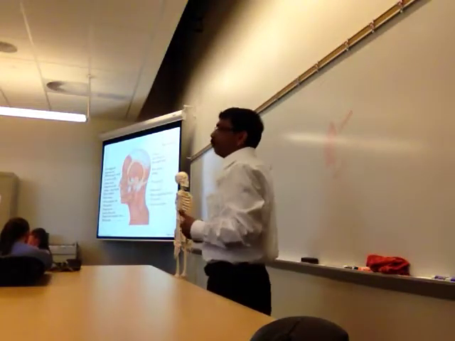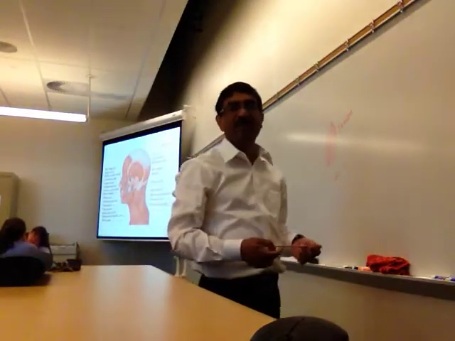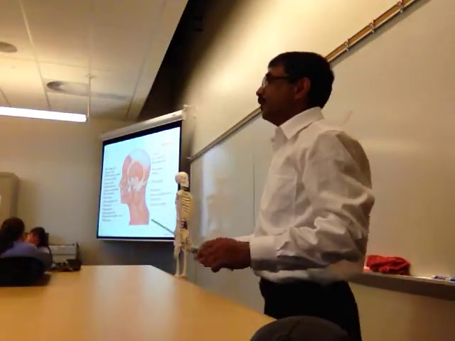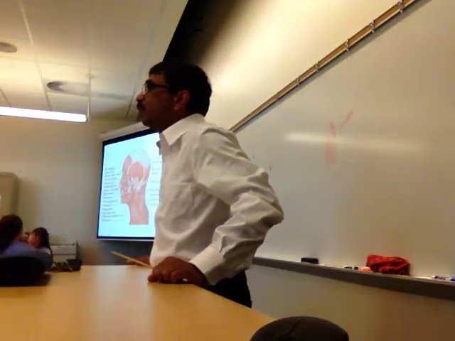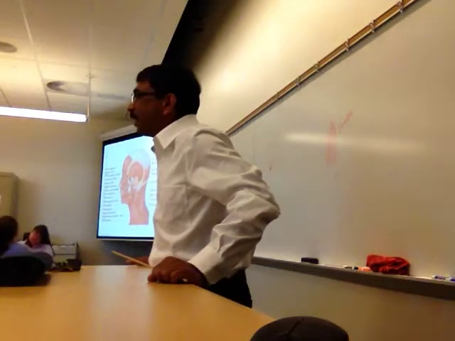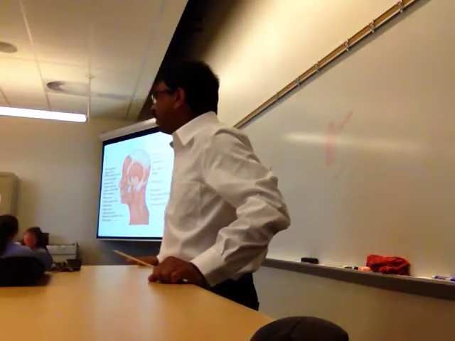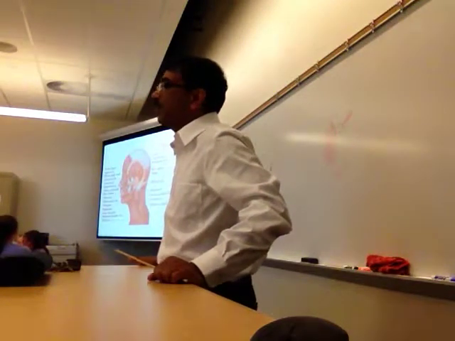Zygomaticus major and zygomaticus minor. Very simple. If you see, the muscle is attached to the zygomatic bone. Two muscles are attached to the zygomatic bone. The larger one is the major and the smaller one is the minor.